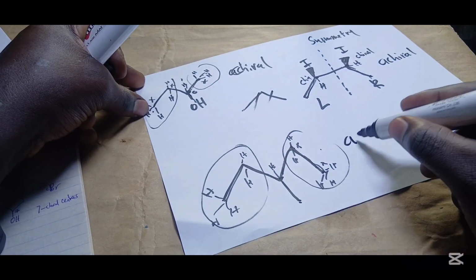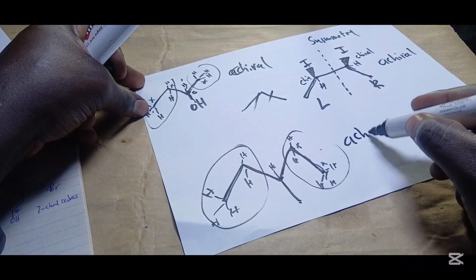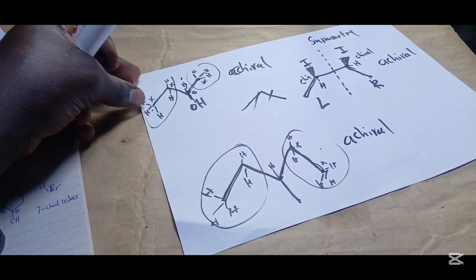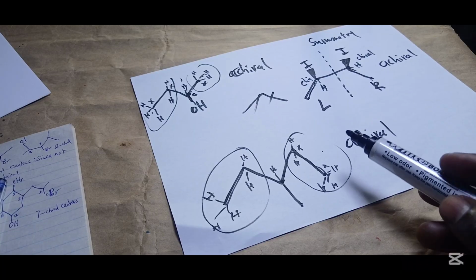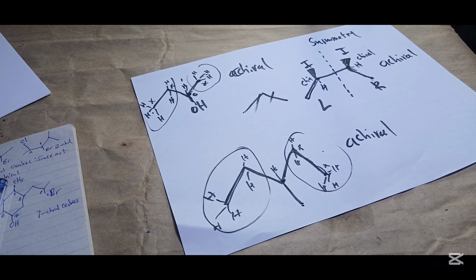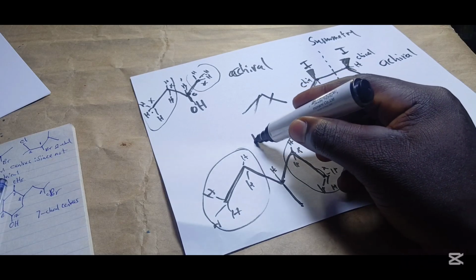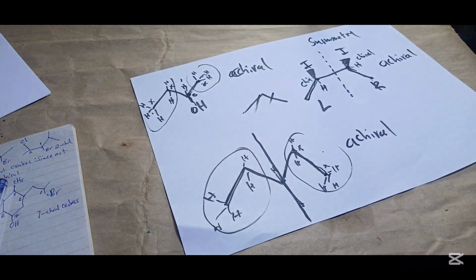So this molecule is achiral because it has no chiral carbon, so it's definitely an achiral molecule. You could even see a line of symmetry here that will divide the molecule into 2 equal parts.